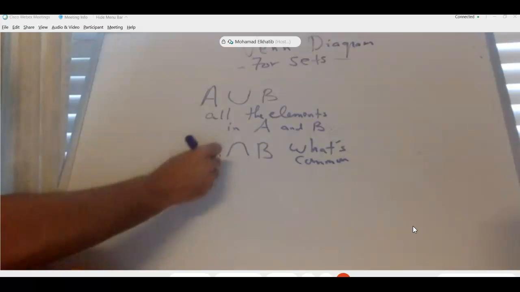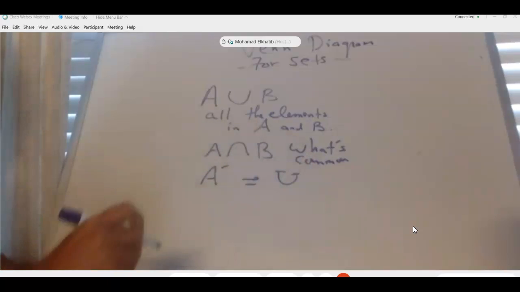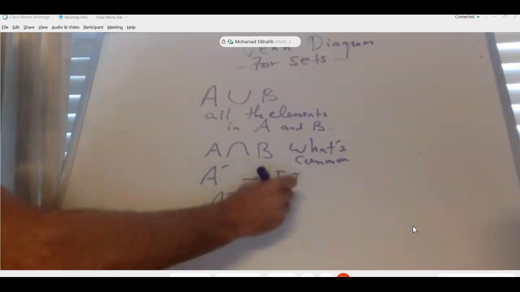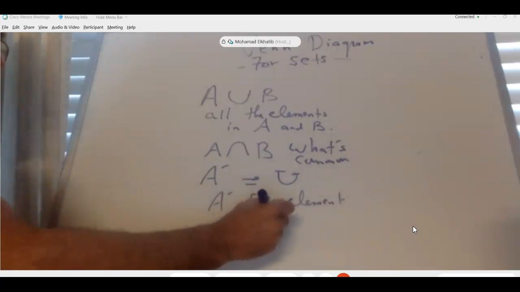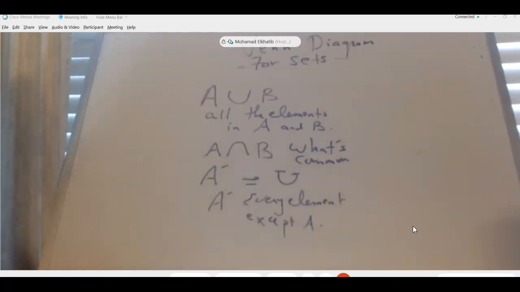And then we learned the complement of a set, A prime. You cannot do A prime unless you're given the universal set U. So A prime will be everything, every element, except A. Do you all recall this from Monday's lecture? Everybody okay? Yes.